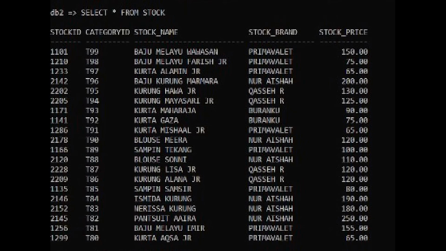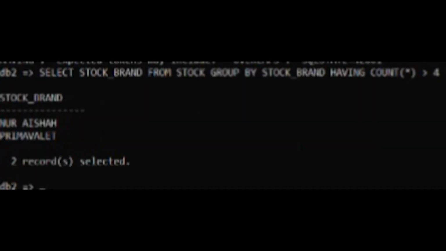So our output must include both brands. So the command for this question is select stock brand from stock, group by stock brand, having count more than 4. And the output will show 2 brands, which are Nur and PRIMAVALET.